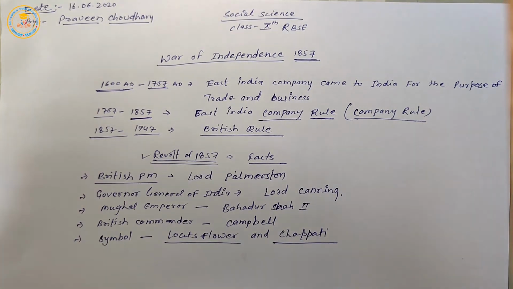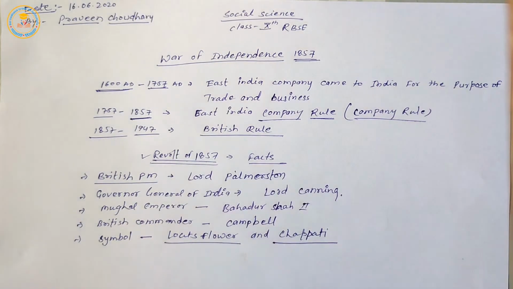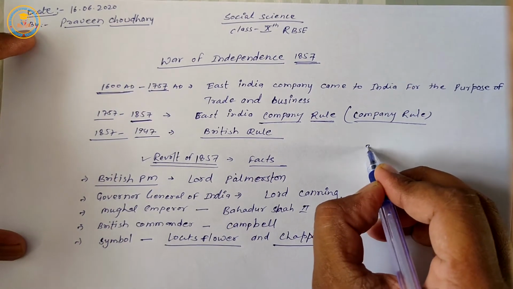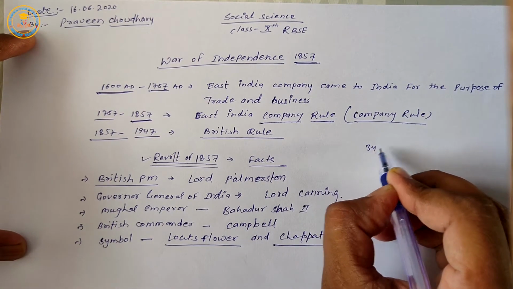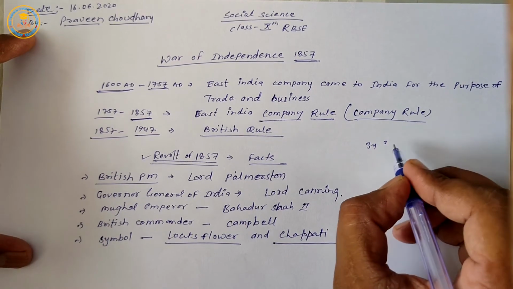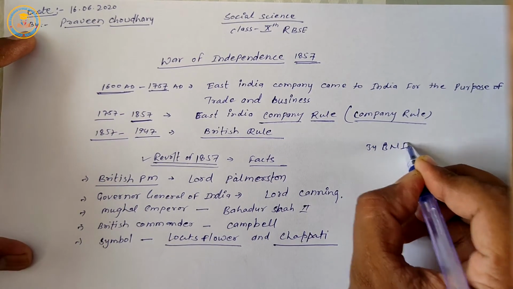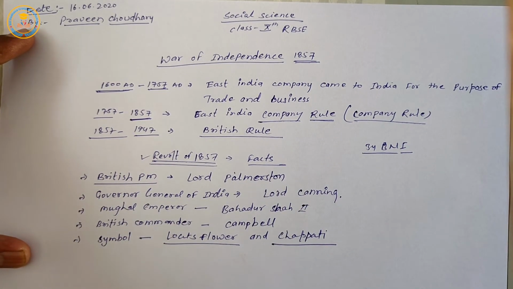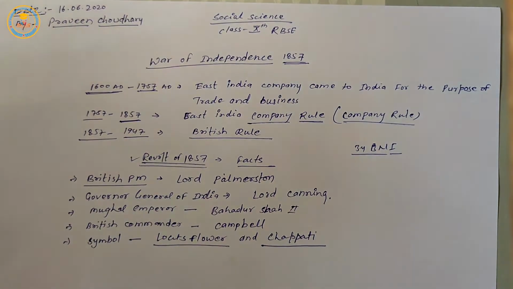Some British scholars and historians called it the Sipahi Mutiny. Why did they call it the Sipahi Mutiny? Because in the 34th BNI, Bengal Native Infantry, a soldier named Mangal Pandey revolted against his masters.